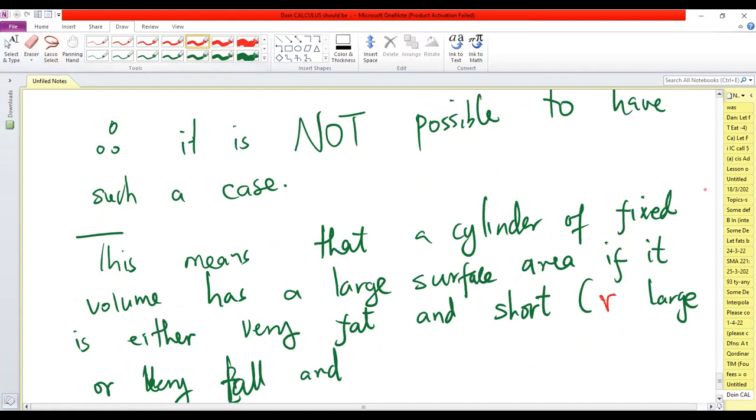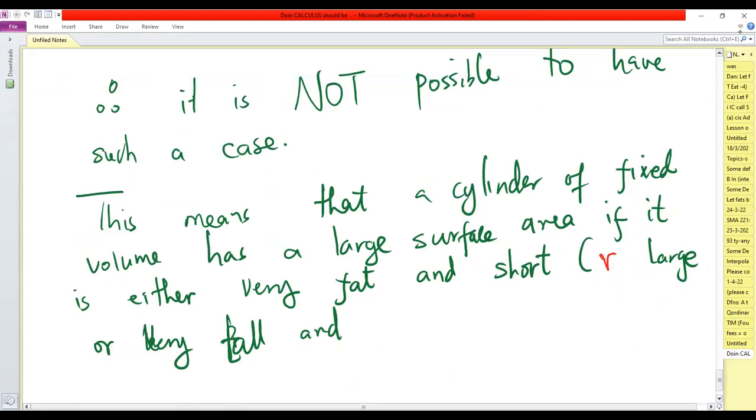So I was saying that a cylindrical can of volume 900 cubic centimeters having a maximum surface area is not possible.